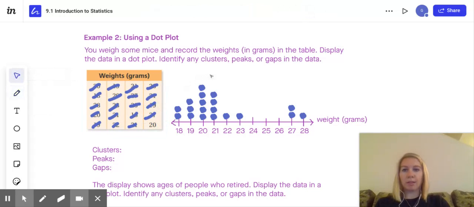And last but not least, another 20. Okay, so we have now displayed our data in a dot plot.